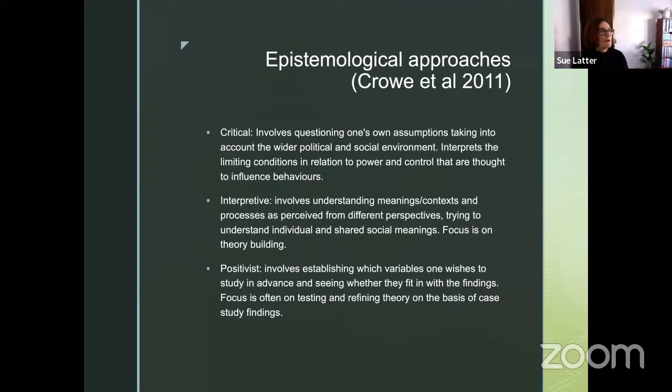And I was thinking, when I was preparing this, that there's some alignment here with theories of implementation science. If you, for example, thought about normalization process theory, I don't know whether any of you are familiar with that, but you might think, okay, I want to understand how electronic prescribing has been implemented in A&E settings, let's say, and you might think, okay, I'm going to take normalization process as my theoretical framework.